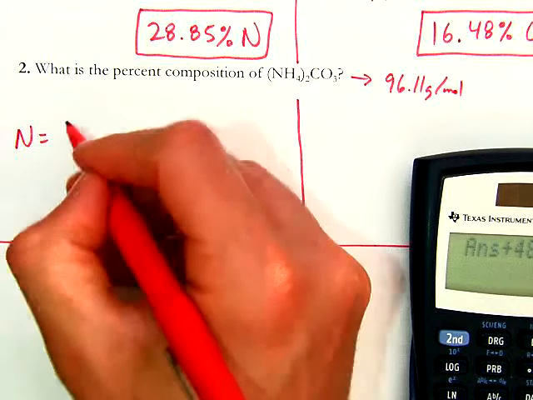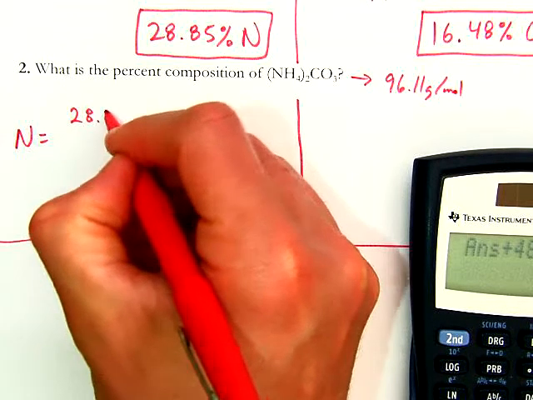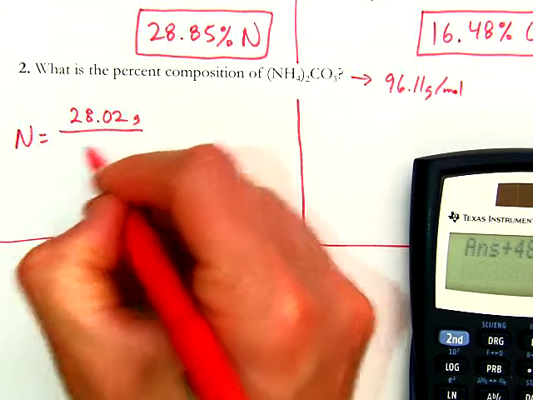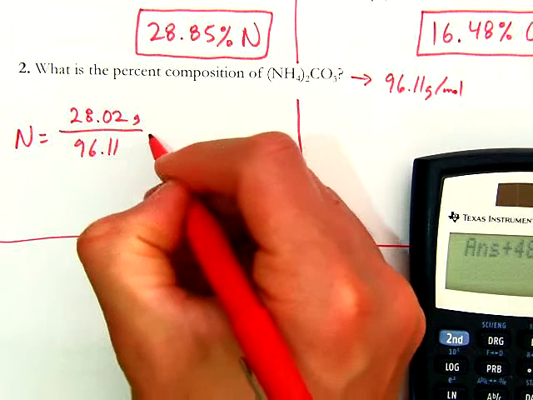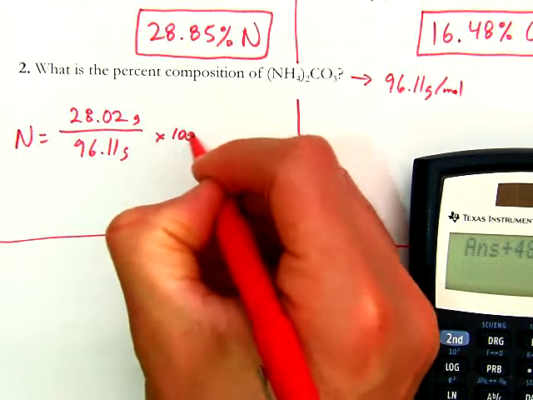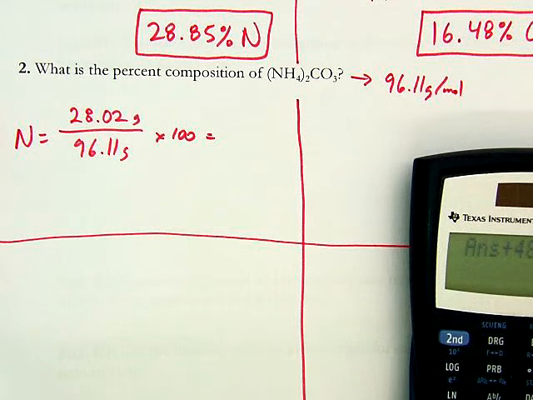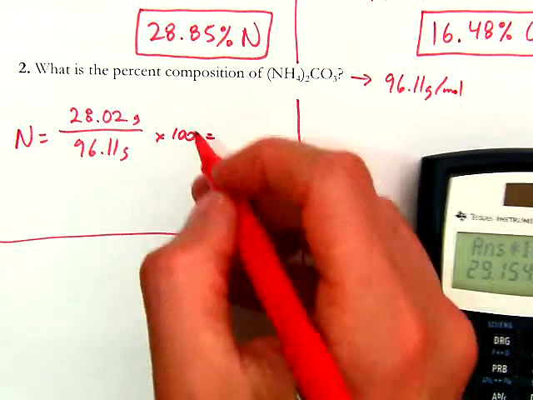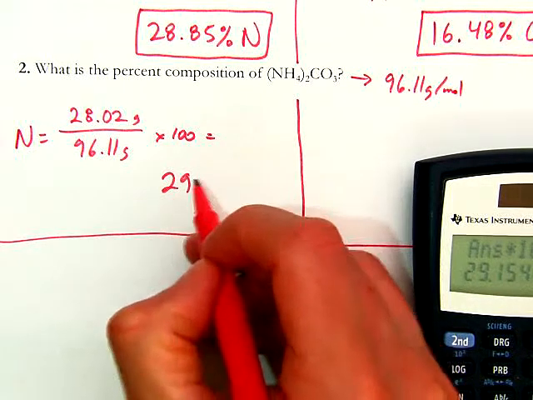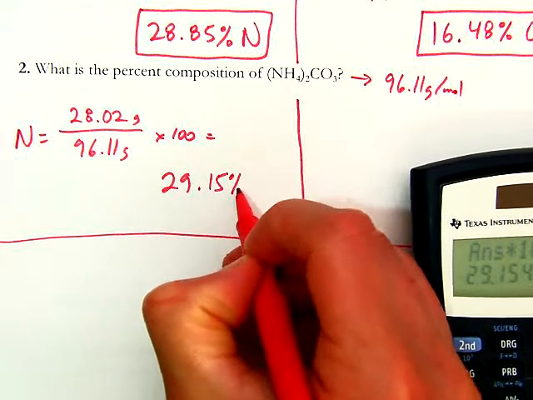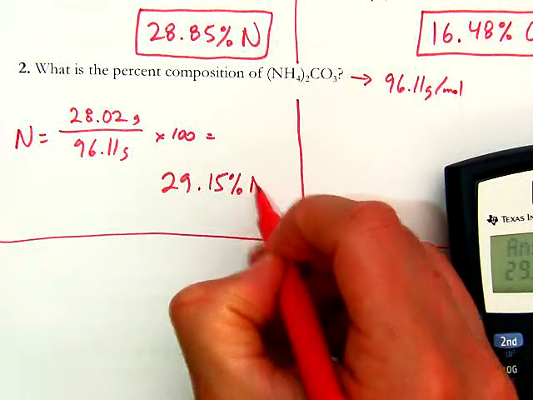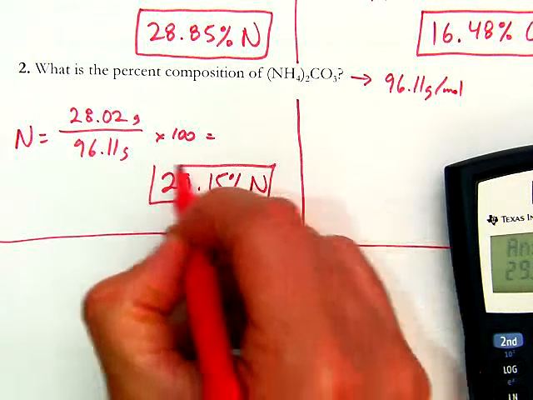Nitrogen is going to be 28.02 over 96.11 times 100, right, because there's 2 nitrogens. So 28.02 divided by 96.11. Sorry about the siren. It's about 29% nitrogen in this case.